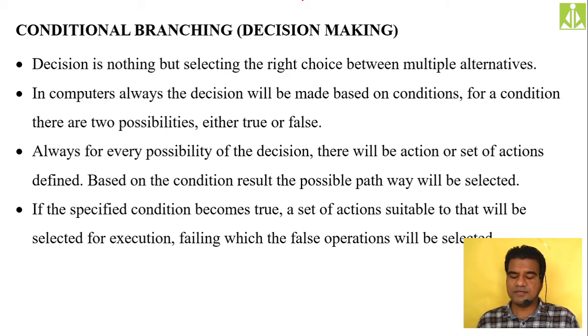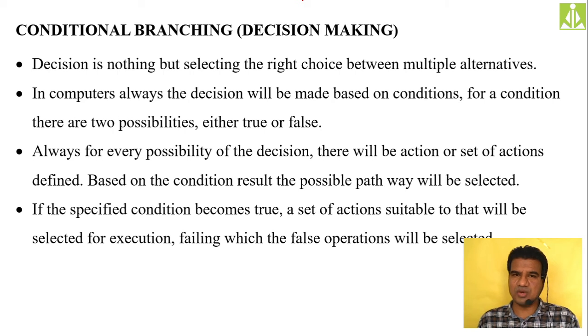So for every possibility of the decision, there will be an action or a set of actions defined. We divide our program into some pieces of code, and based on the condition we put some set of code under the true block and some set of code under the false block according to our requirement.